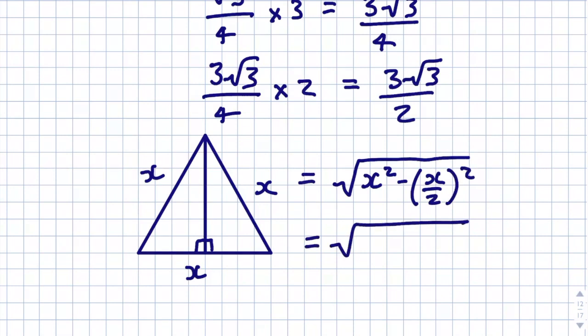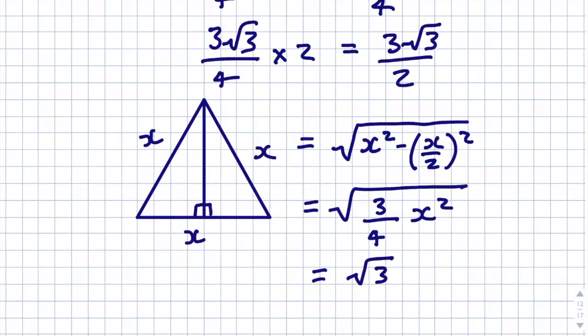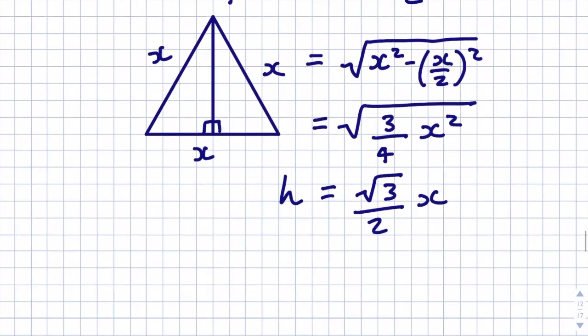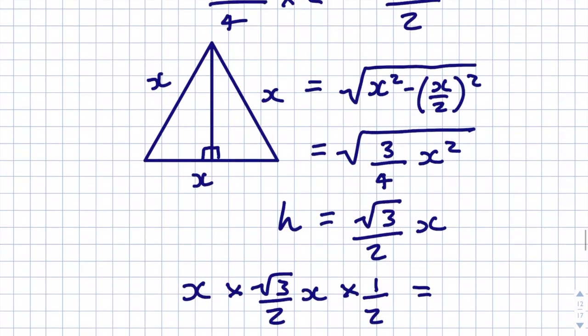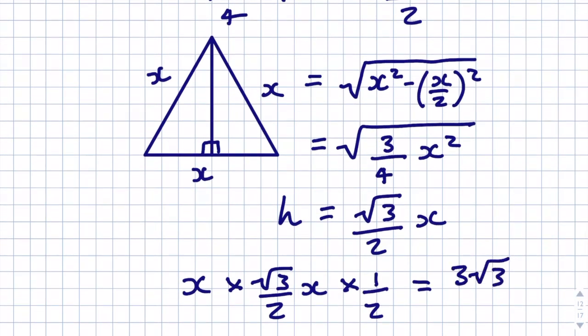Now that simplifies to x squared minus a quarter x squared, which is 3 quarters x squared. So that simplifies to root 3 over 2 x. Okay, so that's the height. If I call that h, that's the height of our equilateral triangle. So the area is going to have base of x multiplied by the height, which is root 3 over 2 x, multiplied by half, and that's going to equal the area that we calculated, which is 3 root 3 over 2.